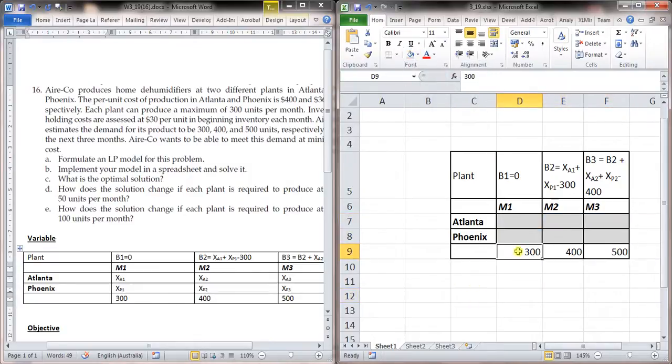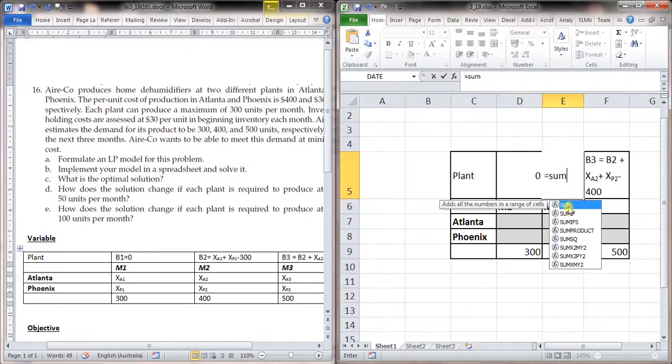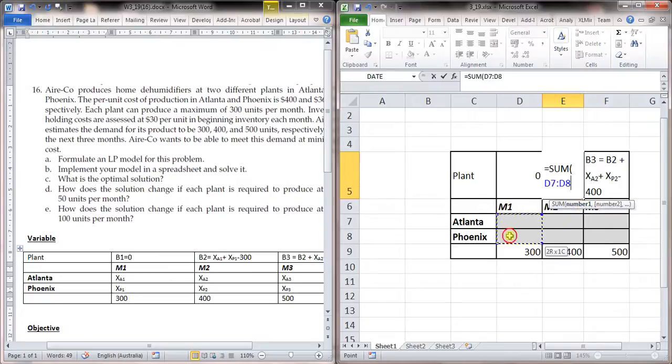This is the demand. So let's set this as 0. This is equal to the sum of this plus this minus demand.